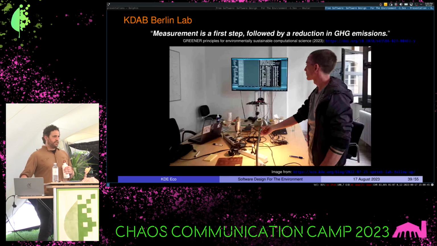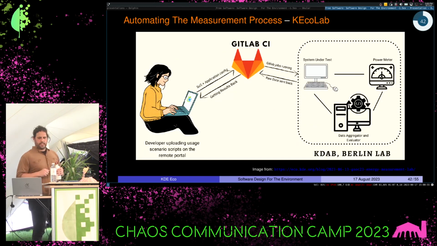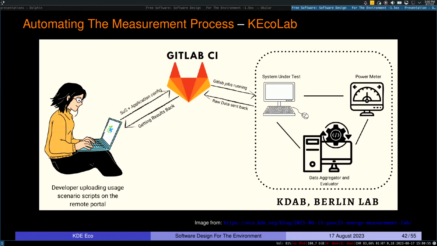The current setup is only accessible if someone is there in person, and we're working on that. I'm going to come back to those slides. Right now, in a project which should be done by next month, we are making the lab remotely accessible so that a developer, and we want to open this up to all free software developers, this is not only a KDE thing, can design the usage scenario that they want to measure, upload it with their code, and then it will automatically run in the lab in KDAB, and give you a report back.